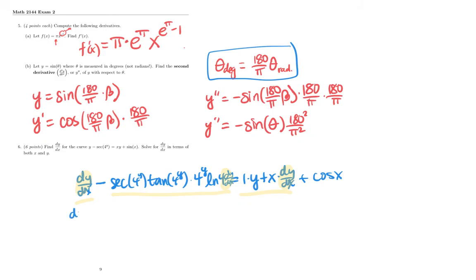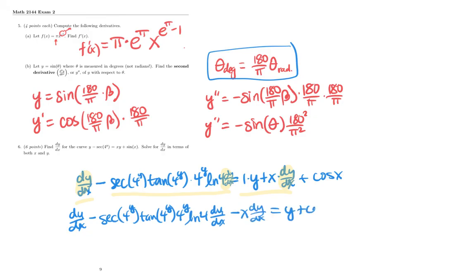So I'll have dy/dx minus secant of 4 to the y, tangent of 4 to the y, 4 to the y, natural log 4 dy/dx, minus x dy/dx equals y plus cosine x.